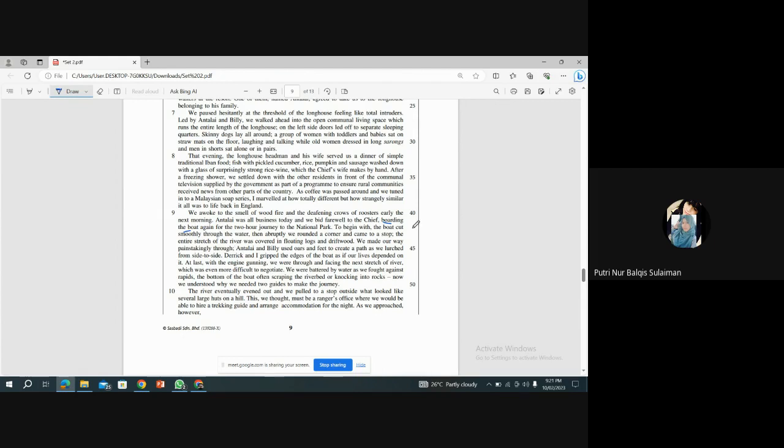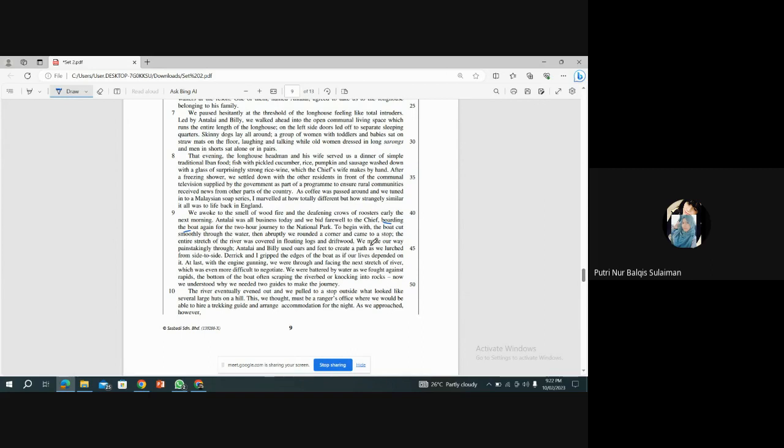To begin with, the boat cut smoothly through the water. Then, abruptly, we rounded a corner and came to a stop. The entire stretch of the river was covered in floating logs and driftwood.